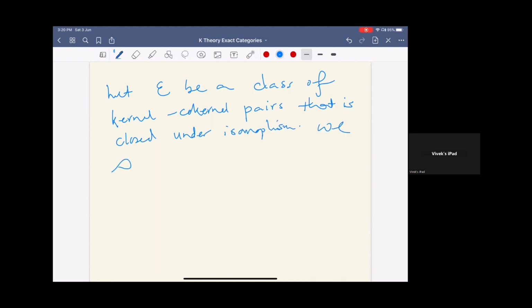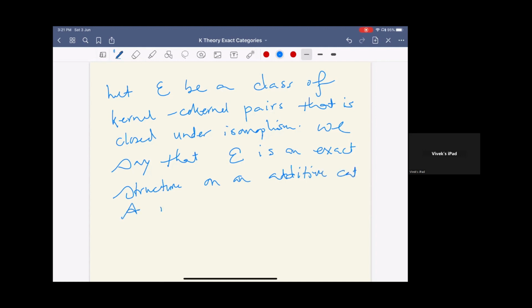We say that epsilon is an exact structure on an additive category A if it satisfies the following.